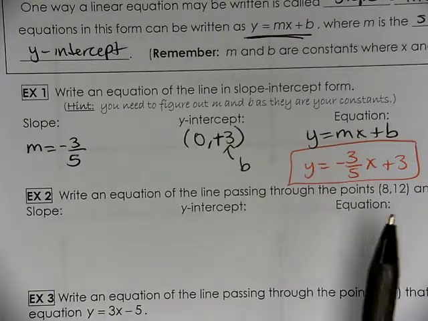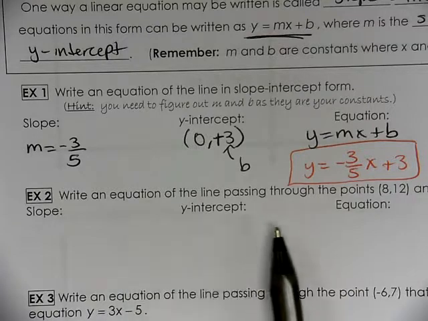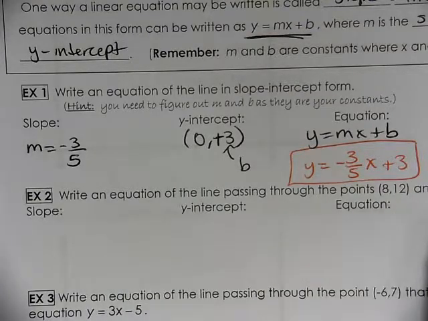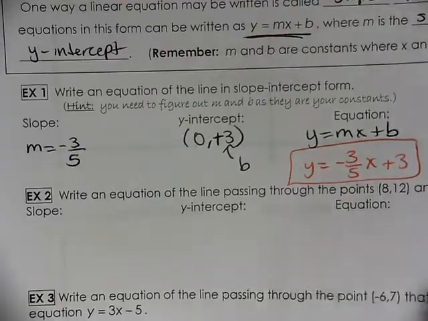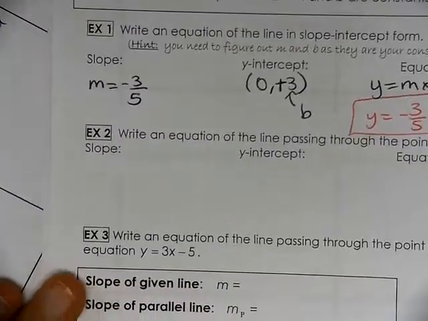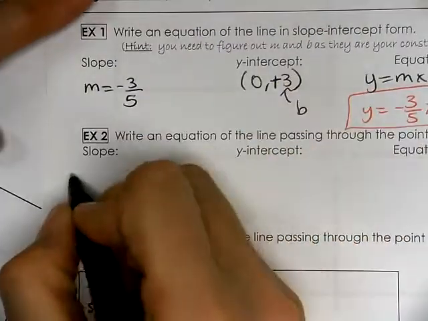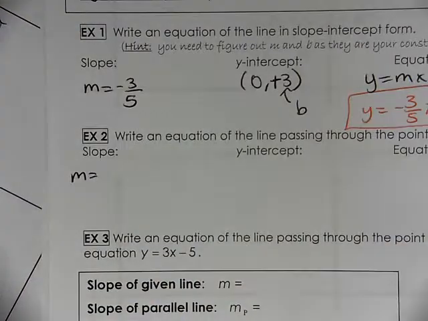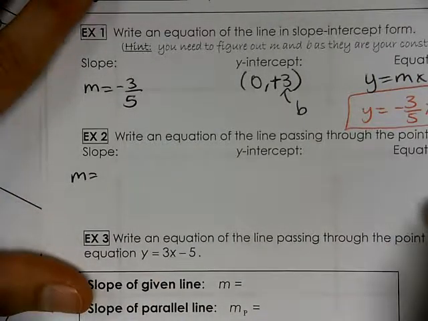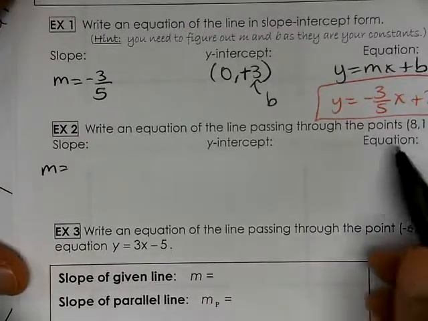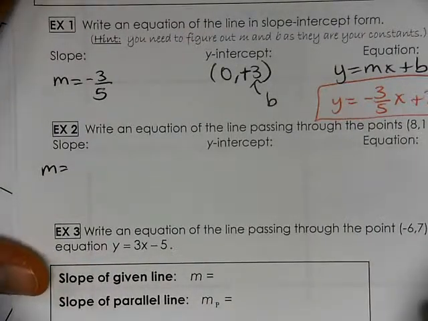Example 2 is a little bit harder. Write the equation of a line passing through the points 8, 12, and 6, negative 4. And it gets cut off. That's okay. We're going to have to take what we did yesterday and actually find the slope first. Let's find the slope between 8, 12, and 6, negative 4.